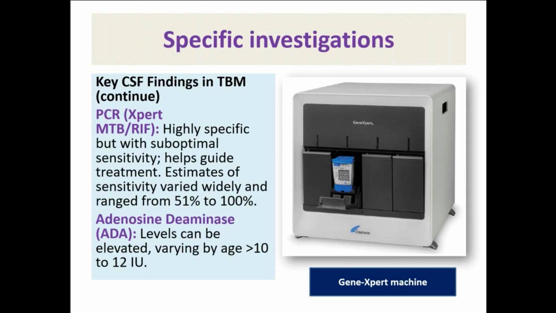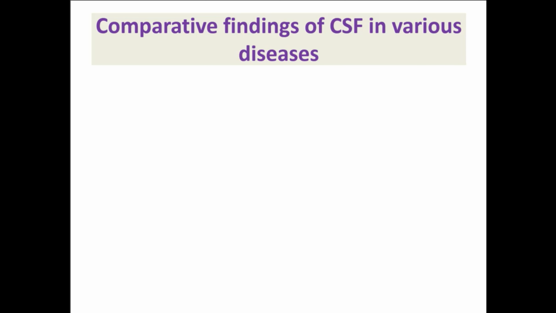PCR, Xpert MTB-RIF, highly specific but with suboptimal sensitivity, helps guide treatment. Estimates of sensitivity varied widely and ranged from 51% to 100%. Adenosine deaminase, ADA, levels can be elevated, varying by age, 10 to 12 IU.